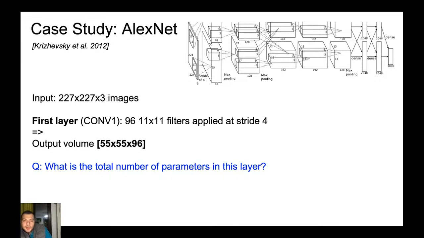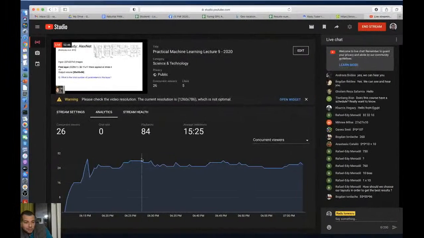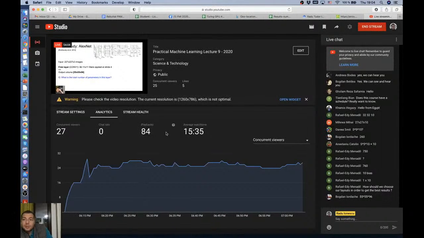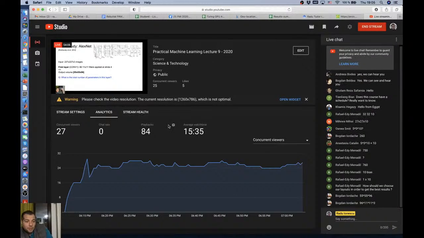We have 96 filters, 11 by 11 components. If I ask for a rough estimate, you can ignore the bias terms.